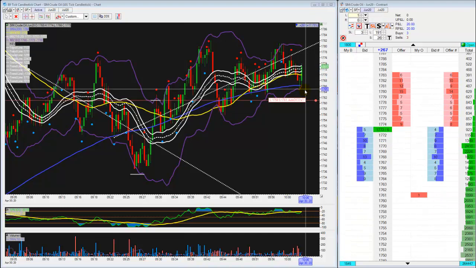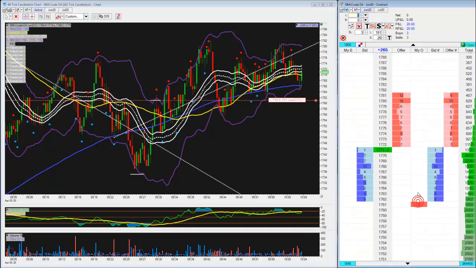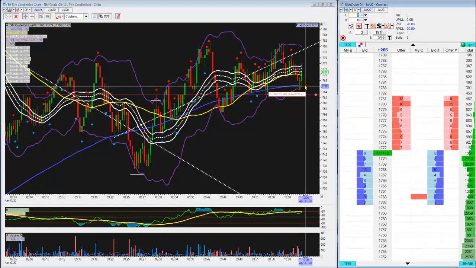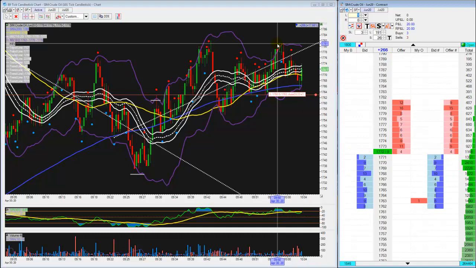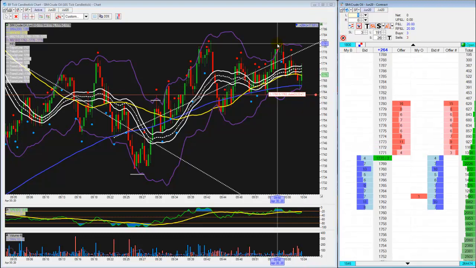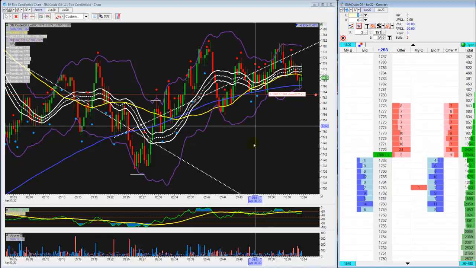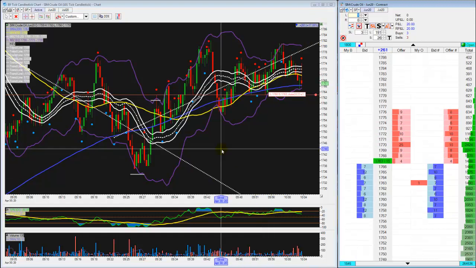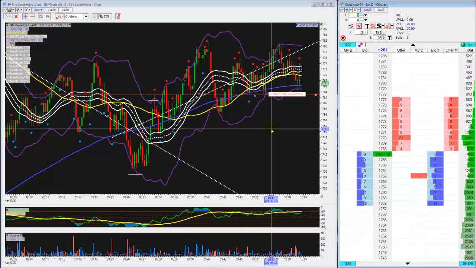All right, so this is where we want to be. 2 under that right now. 63. Looking for that 45-degree angle break.